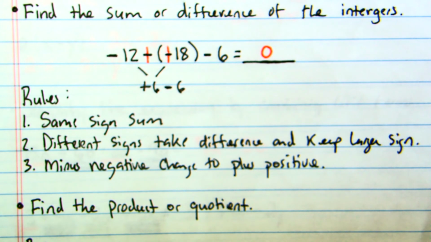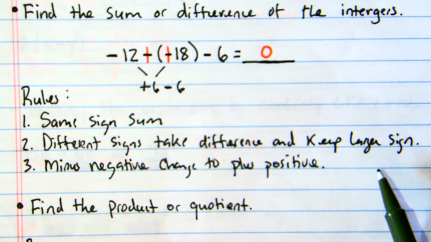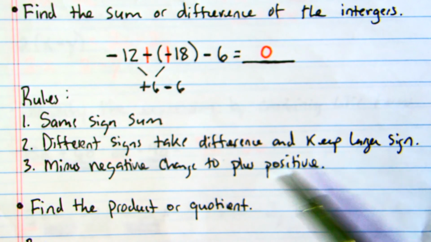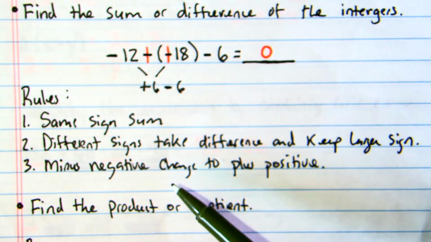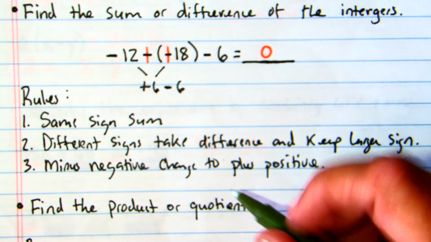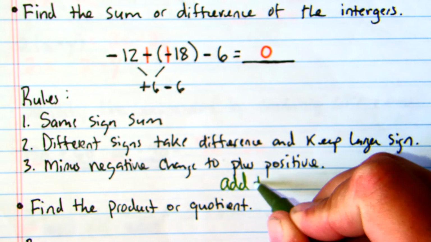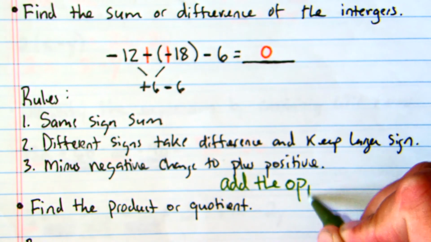If the signs are different, such as a positive and a negative, then we take the difference between the two and keep the sign of the quantity of the absolute value that was larger. And then also, if we have minus a negative, what we end up doing is essentially changing to plus, or positive, or we change it to add the opposite.